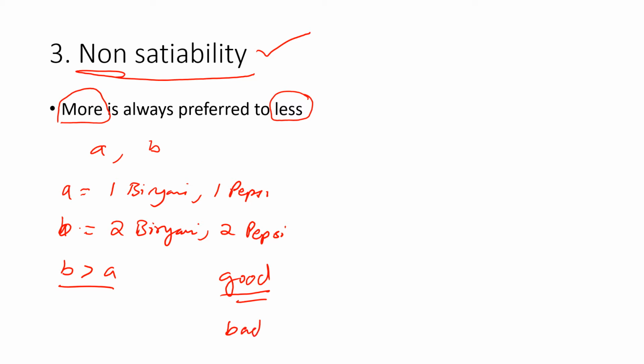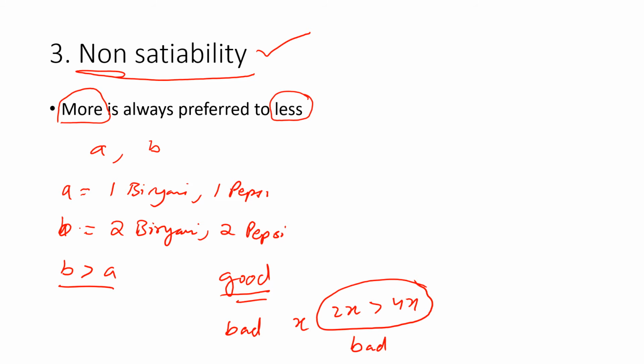But on the other hand, we call something a bad if less is preferred to more. For example, if there is a certain good X, and you prefer 2x more than 4x, in this case, this becomes a bad.